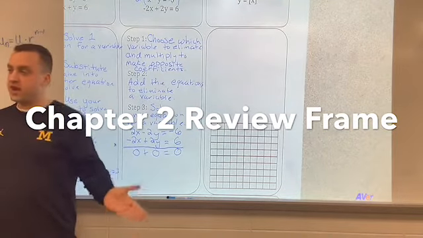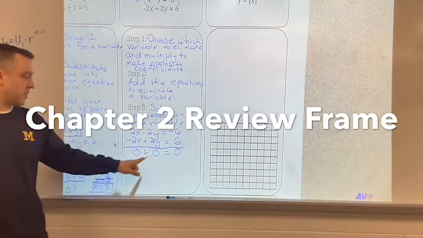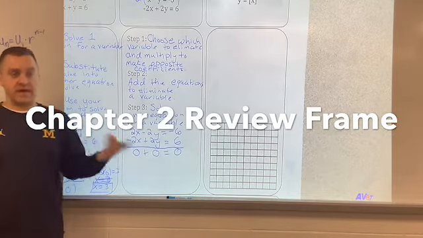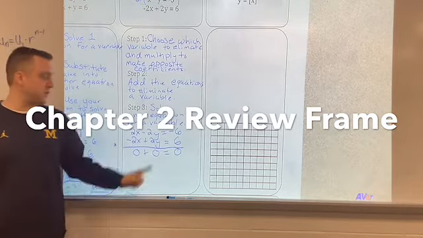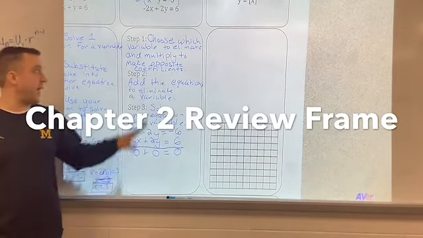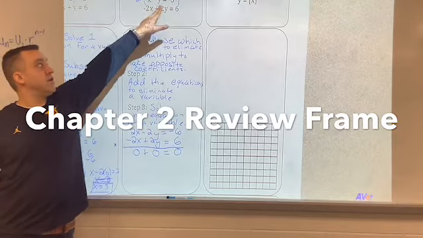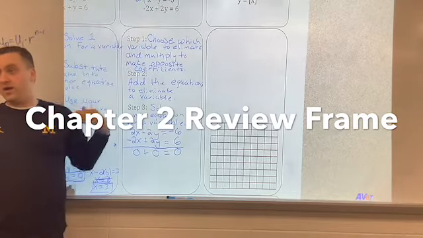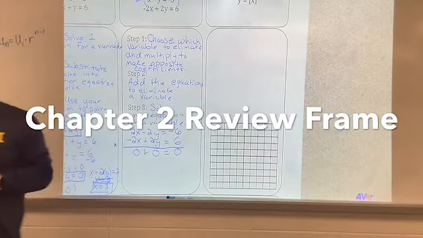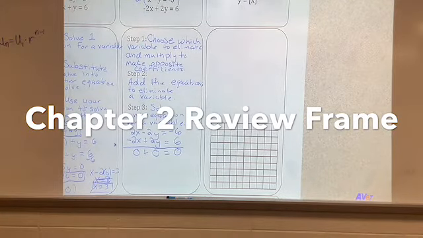When all the variables are gone and we are left with a true statement, there are infinitely many solutions. So this means any x or any y that you plug in, if you plug in an x, you could then solve and get a y to figure out an answer. So this just means there are going to be infinitely many solutions.